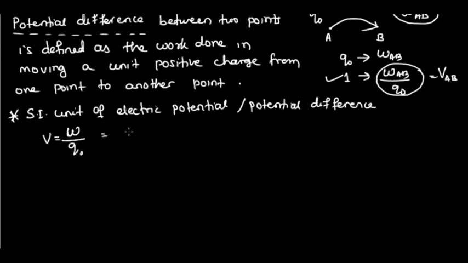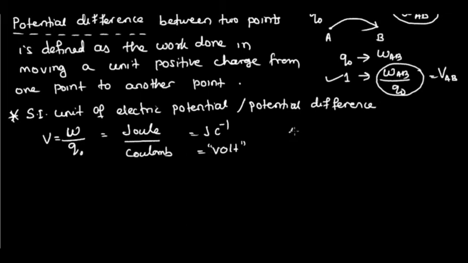Work is expressed in joule and charge is expressed in coulomb. So the unit will be joule per coulomb, or J C inverse. And this joule per coulomb has a special name. This is known as volt. Remember that the SI unit of electric potential is volt.